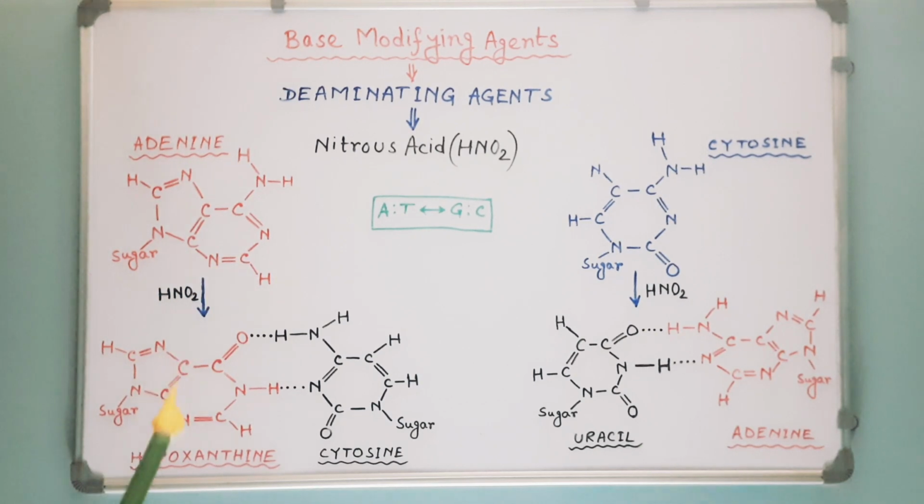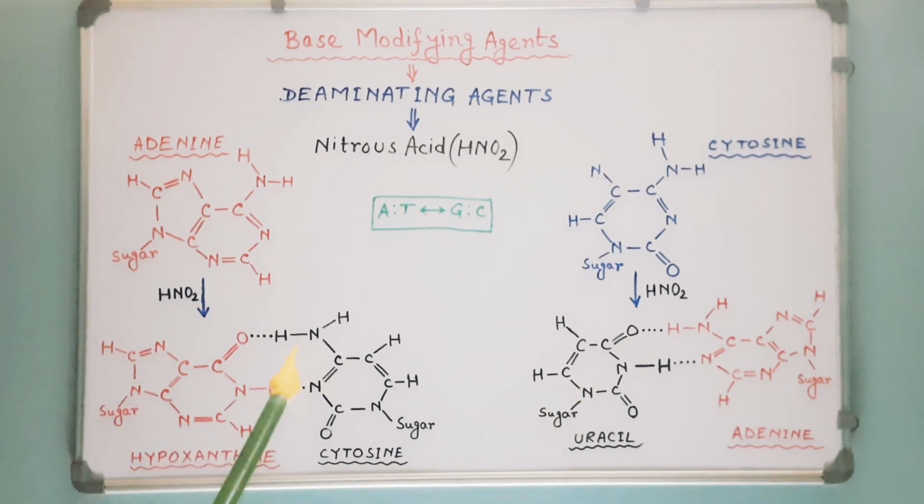Adenine is deaminated to hypoxanthine, which base pairs with cytosine rather than thymine. Cytosine is converted to uracil, which base pairs with adenine instead of guanine.